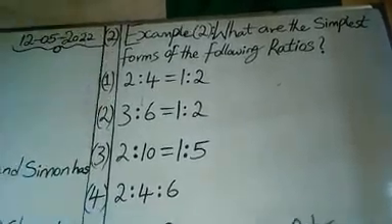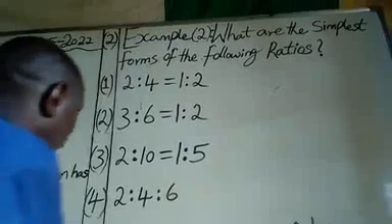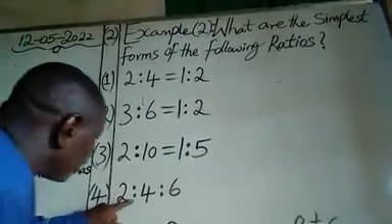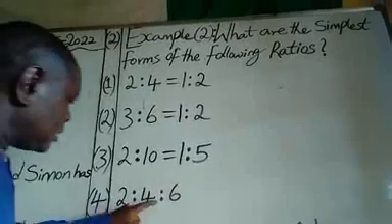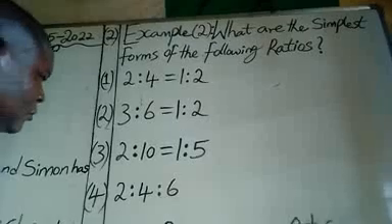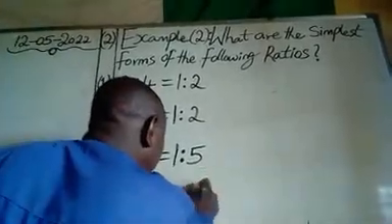Number 4. 2:4:6. What is the simplest form of 2:4:6? Solution.